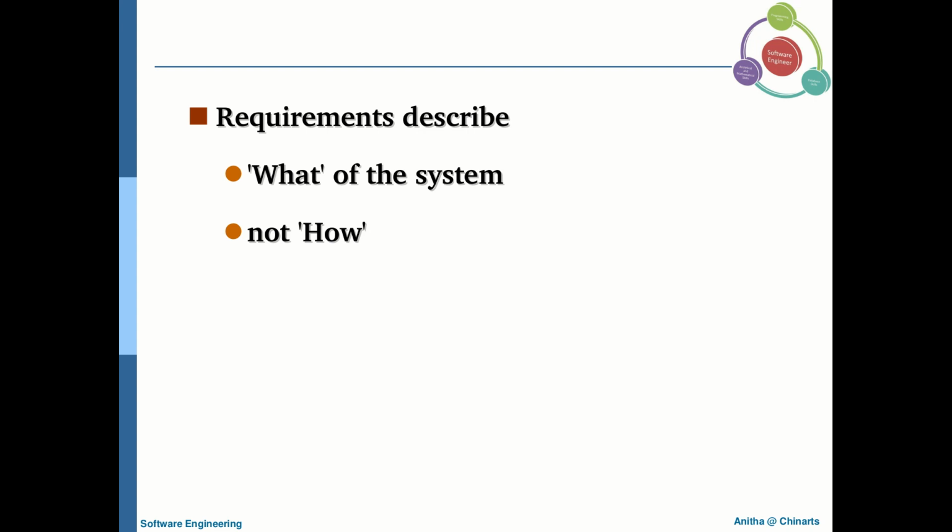That is the significance of the software requirement specification document. So the document generated by this phase, the requirement analysis and specification phase, will contain what the system will do without specifying how it will be done.